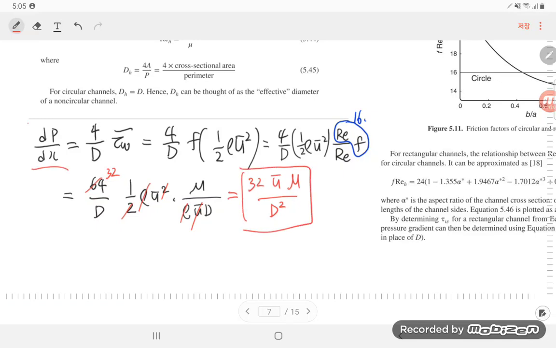Okay, so if we want to know the pressure drop through the channel, the meaning of this one is, if the fluid flows by 1 meter, then this amount of pressure drop happens.